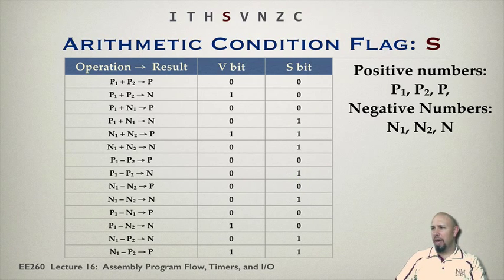So that's the situation. This basically always shows you when you got a negative result that you should have gotten as a negative result. So the S bit really shows you when you got a negative result that you should have gotten as a negative result. So notice, for example, here, you add two positive numbers, you got a negative number.